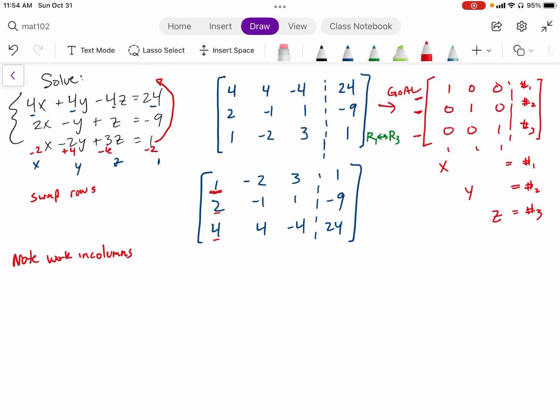And then I took those and I added them together, right? These two here. 2x minus 2x, 0. Negative y plus 4y is 3y. Z minus 6z, and then I have -9 and -2.